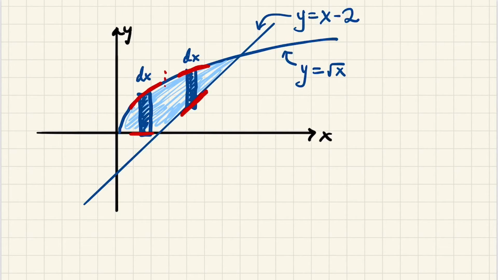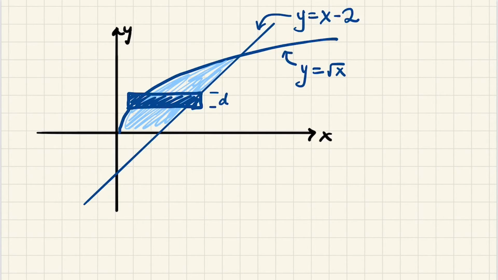However, we had to split this into 2 regions and integrate from 0 to 2 and then from 2 to 4. What if instead of forcing ourselves to integrate with respect to x, we allowed ourselves to integrate with respect to y, which means we would have like a horizontally oriented rectangle. Okay, it would have a little width here of dy, or you can think of it as a little height.